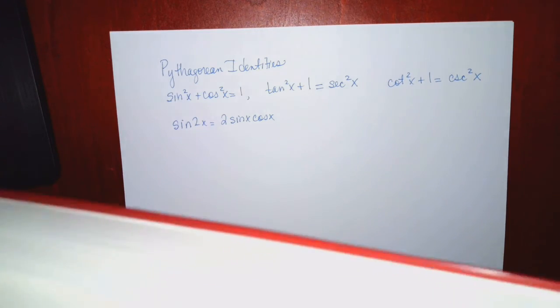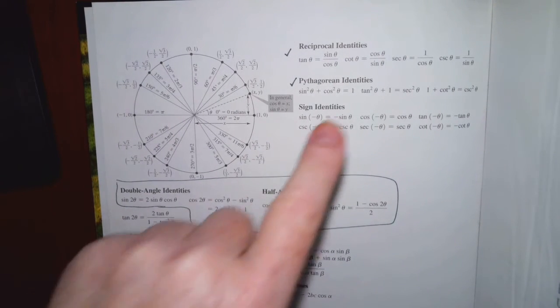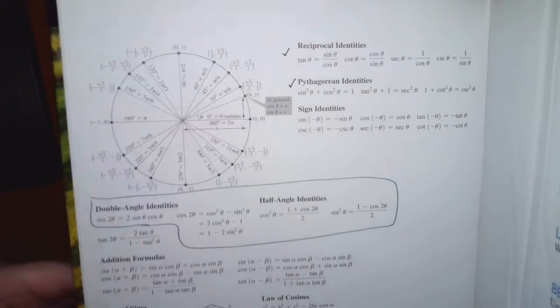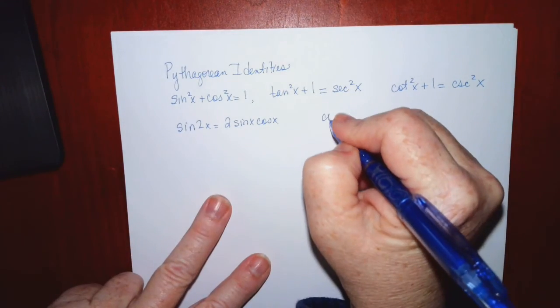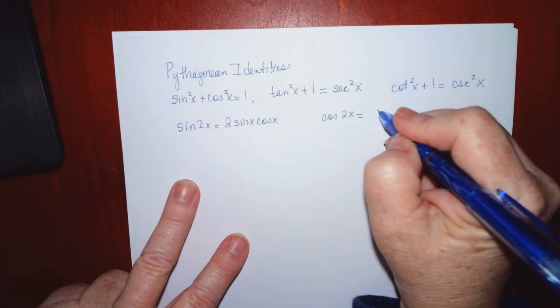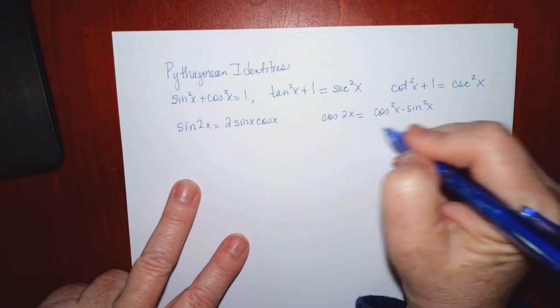Just a reminder. So for those of you that have a hard copy, we talked about this the other day. We've got the half angle, double angle, Pythagorean, and reciprocal identities. But the cosine of 2x can be written as cosine squared x minus sine squared x.